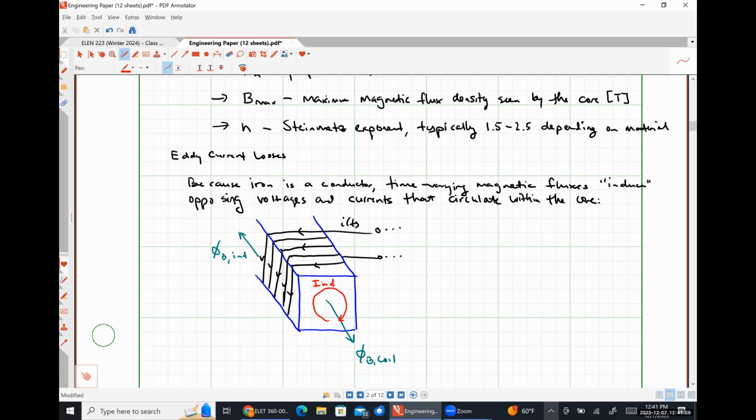Now, I'm going to ask you guys, hopefully a pretty simple question. What happens when I pass current through a conductor? It heats up, right? Wires get hot when we pass current through them. So effectively, these eddy currents are going to cause my core material to heat up, which is going to cause my magnetization to go down, because magnetization is a function of temperature.